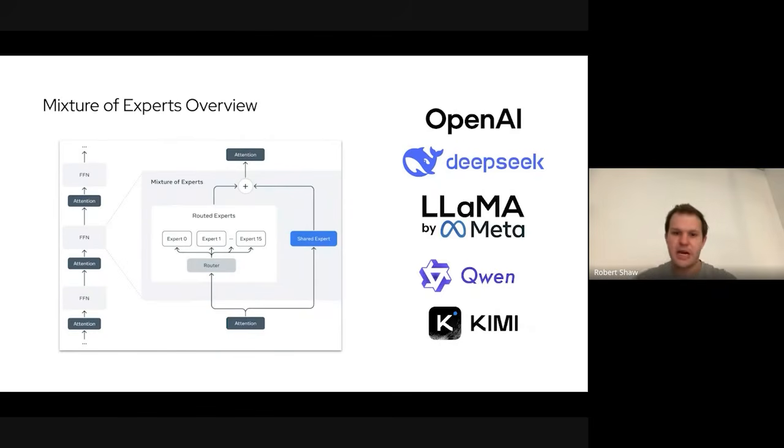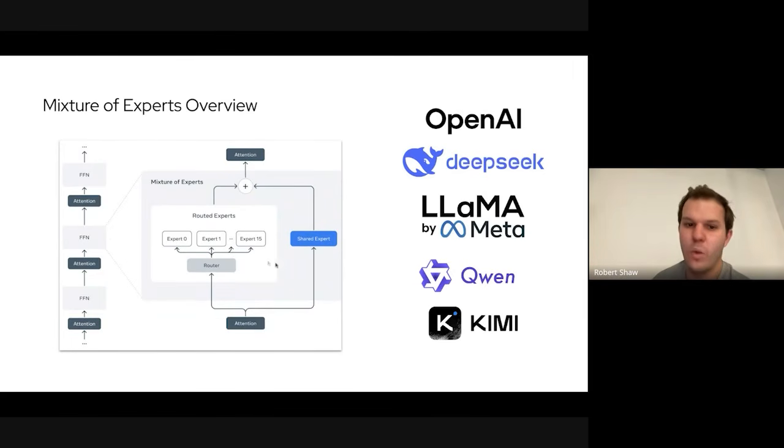The last thing I wanted to talk about as an optimization that we are currently working on in llm-d is mixture of experts models. A really key trend in 2025 has been the shift from dense models like Llama 3 towards sparse mixture of experts models like DeepSeek, GPT-OSS, Qwen 3, Kimi K2, or Llama 4. The key piece is inside of the MLP layer, the feed-forward network, inside of the model.